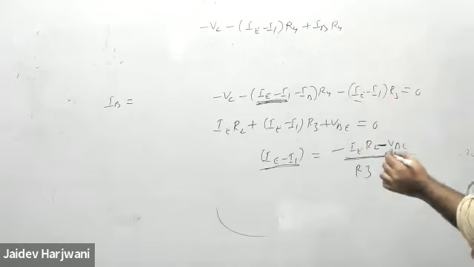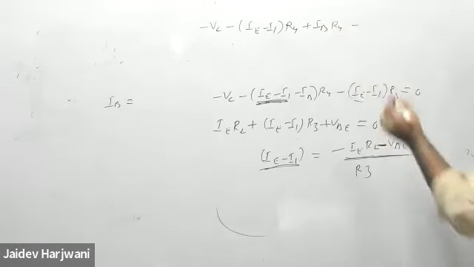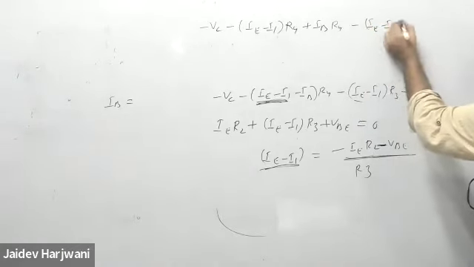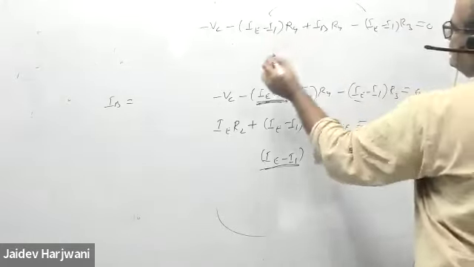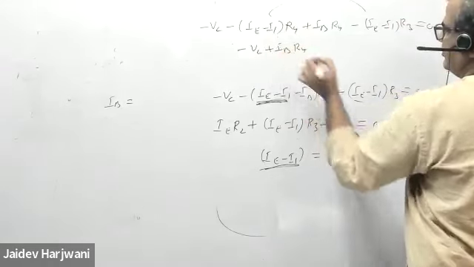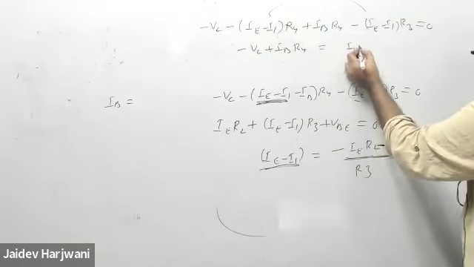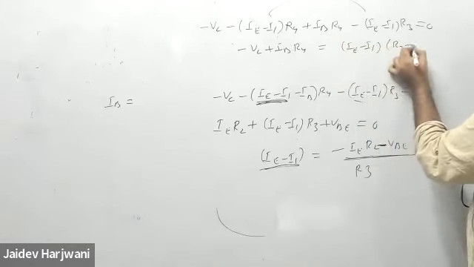and this is your minus IE minus I1 R3 equals to 0. Now I'll take this common. Okay, so minus VC plus IB R4 equals to IE minus I1 into R3 plus R4.